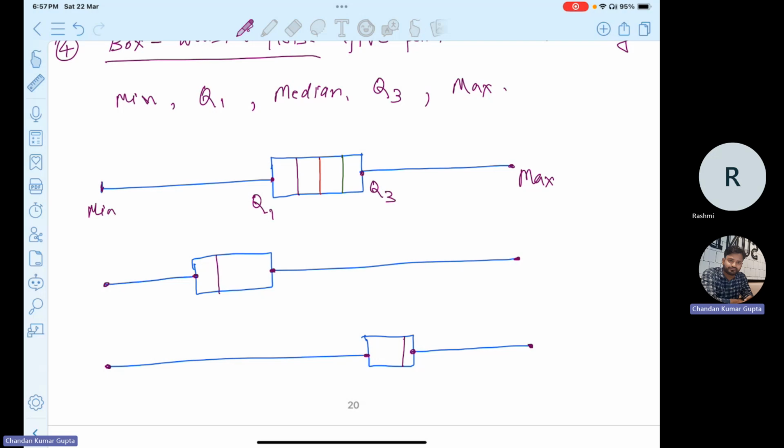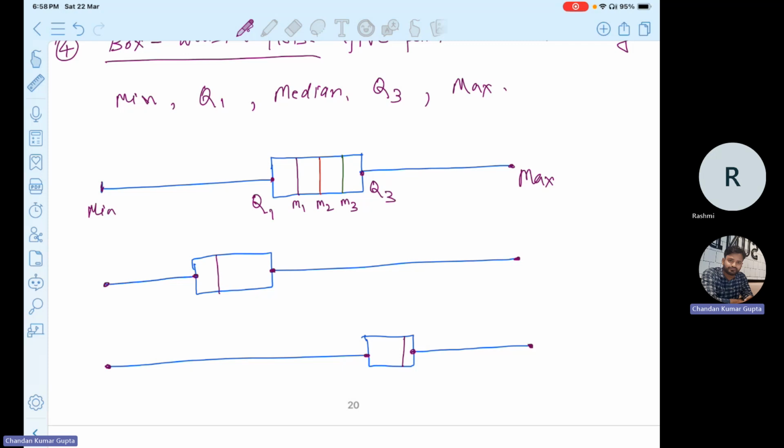In the first plot, let me write m1, m2, m3. This is for comparison purposes. Actually there is only one of m1, m2, or m3 in the box, but for comparison I have plotted the three. Suppose there is only m1, not m2 and m3.